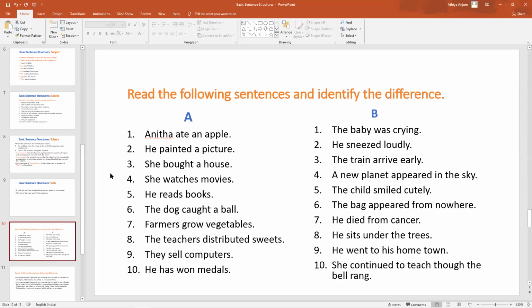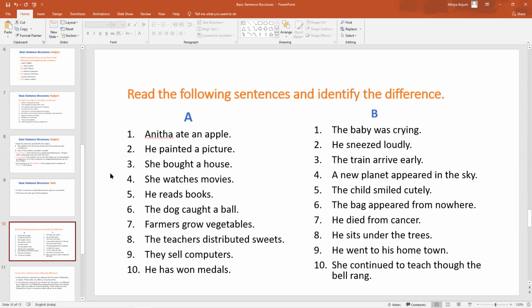So now let's look at the verbs. Read these sentences. You are given two groups of sentences and you have to identify the difference. In group A, you have sentences like: Anita ate an apple, he painted a picture, she bought a house, she watches movies, he reads books, the dog caught a ball, farmers grow vegetables, the teachers distributed sweets, they sell computers, he has won medals.